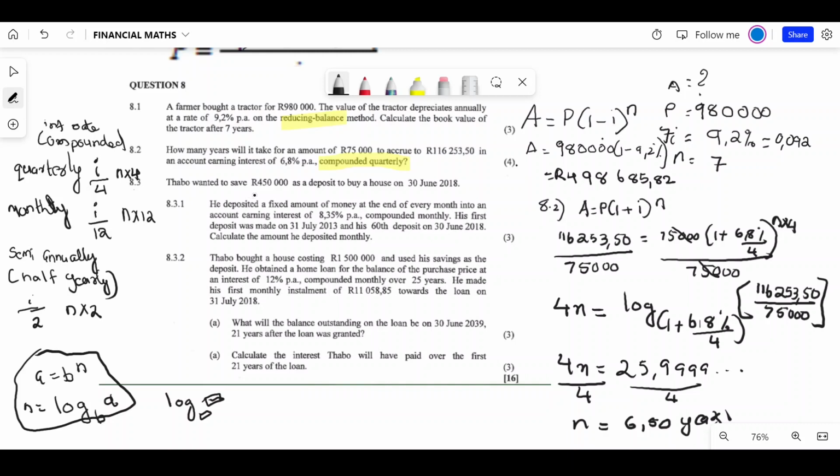Now Tabo wanted to save 450,000 as a deposit to buy a house on 30 June 2018. Now he deposited a fixed amount of money at the end of every month. So here what is important is end of every month. That means it's an annuity formula.